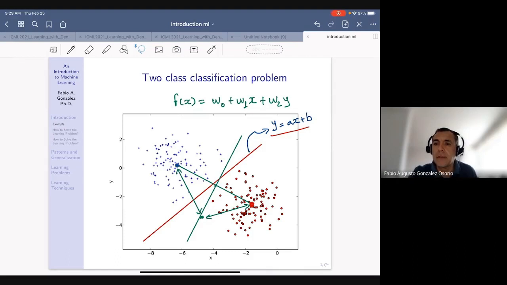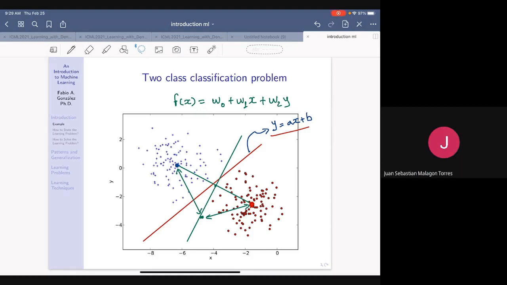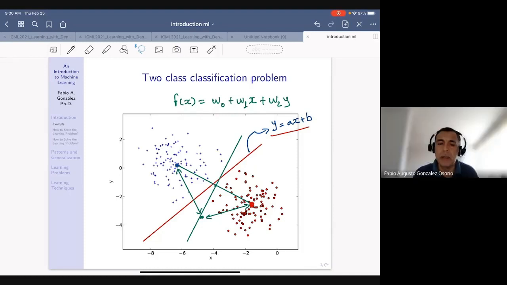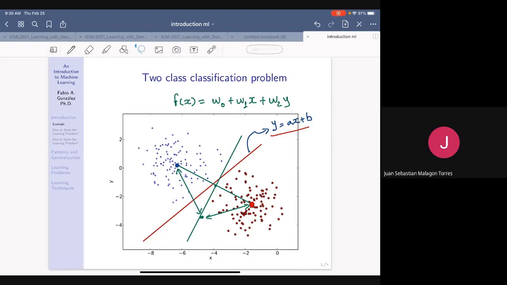Maybe the algorithm has bias, because the line that you define with the algorithm is not minimizing the error between the separated classes.